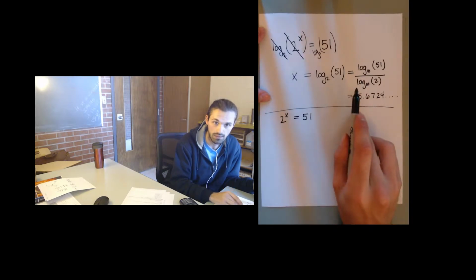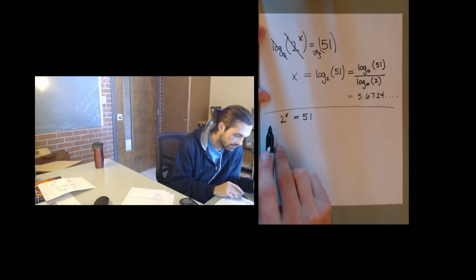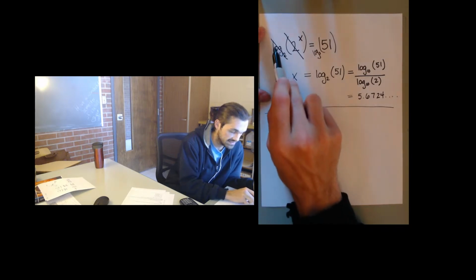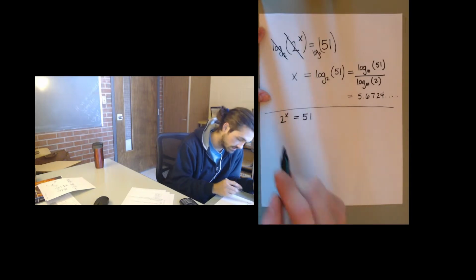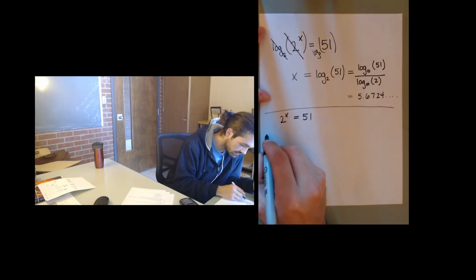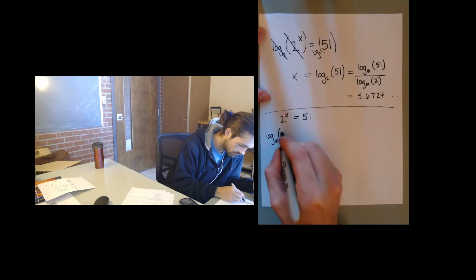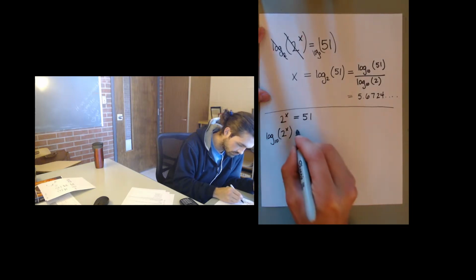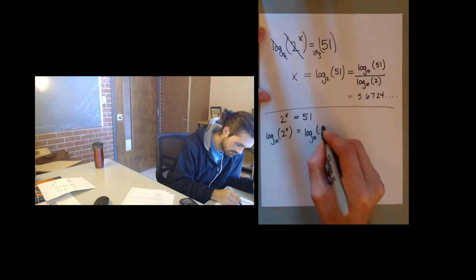And so let's go ahead and implement a log base 10. So the general idea is that logging allows you to free up this variable exponent. So I'll take a log base 10 of my left side, which has to equal log base 10 of my right side.